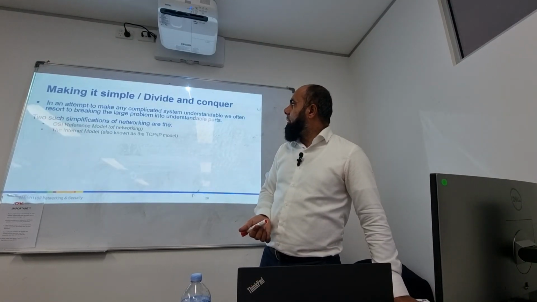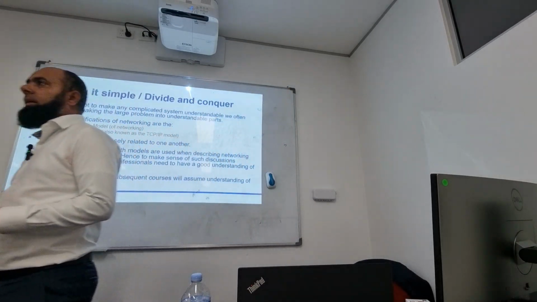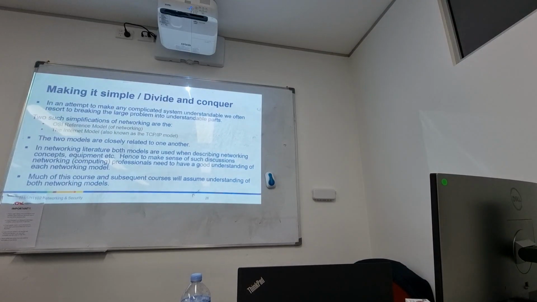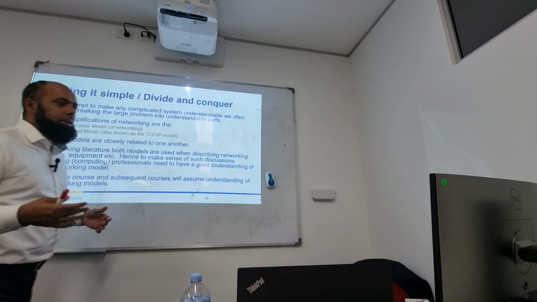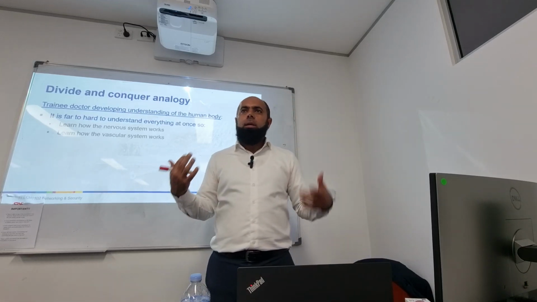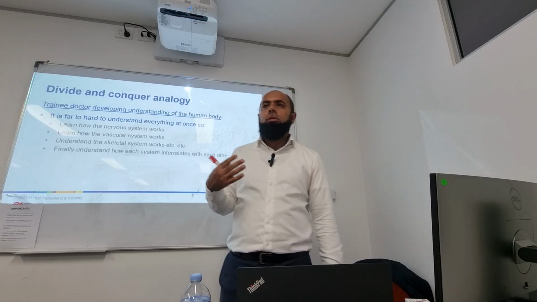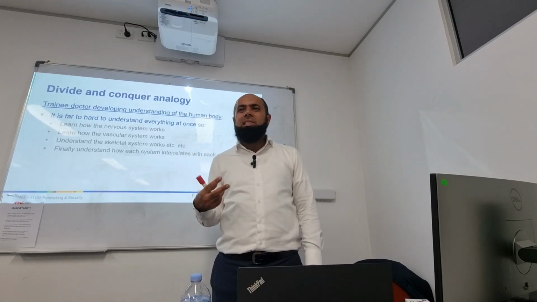Okay, divide and conquer. Now, the internet itself is a very big thing. There is a lot of stuff in it. Take the example of going to a doctor. In our human body, we have a nervous system, vascular system, skeletal system. But if we look at the body as one, it's very complex.